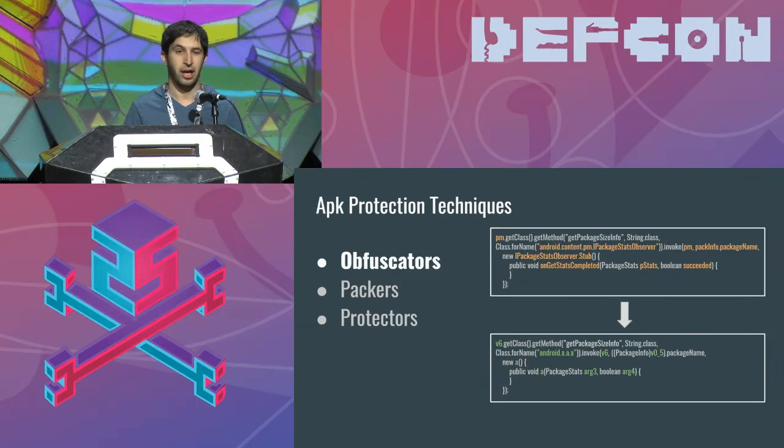Today in the Android world, there's a default obfuscator tool called ProGuard, which comes with Android Studio and is used by most Android developers. But I have to say it's not the best obfuscator in the market, and for a really experienced reverse engineer, it shouldn't be any problem to understand what's happening inside the app.